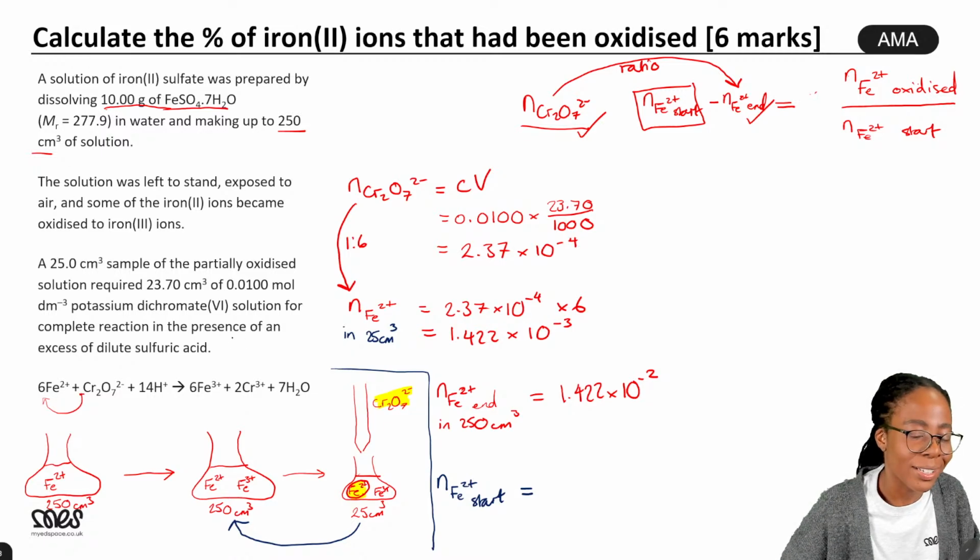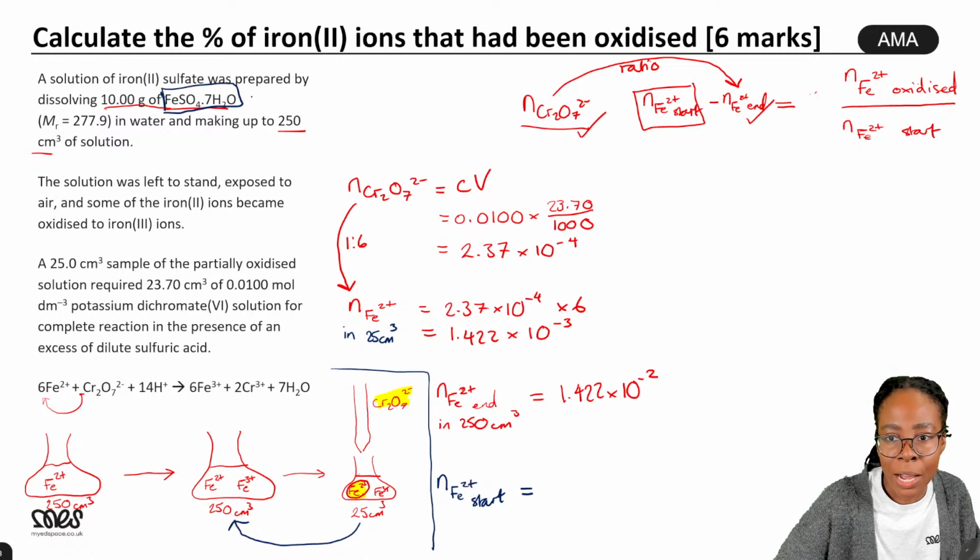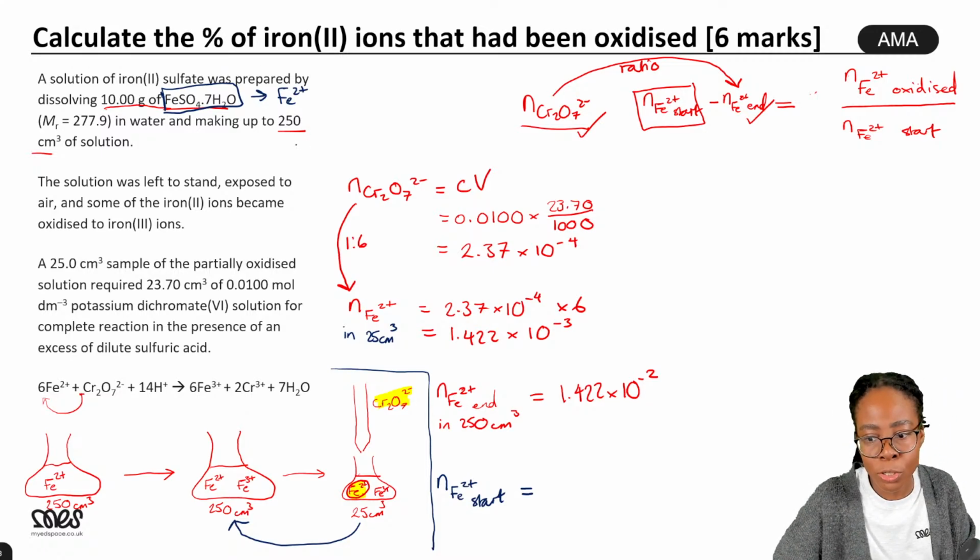I even underlined it, didn't I? Okay, lovely. So the mass of the hydrated iron sulfate, FeSO4, this hydrated compound up here, that is our source of our Fe2+ ions. So as many moles as we have of this salt is the same as the number of moles of our Fe2+.